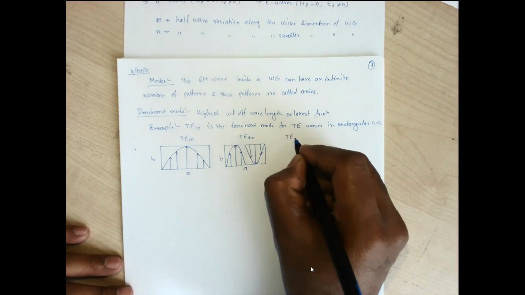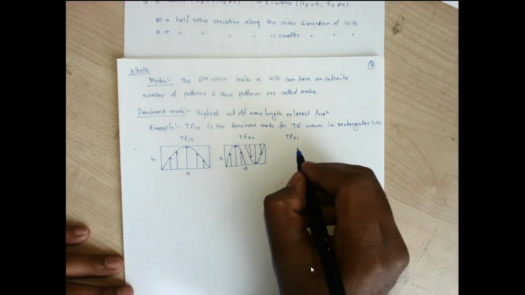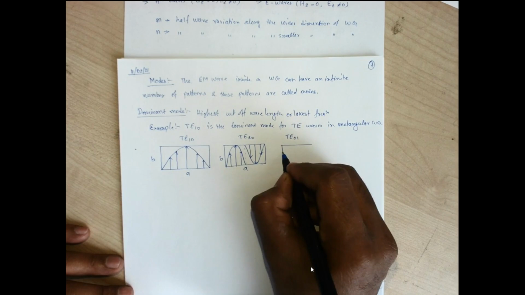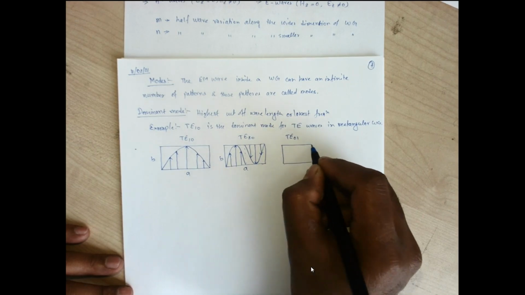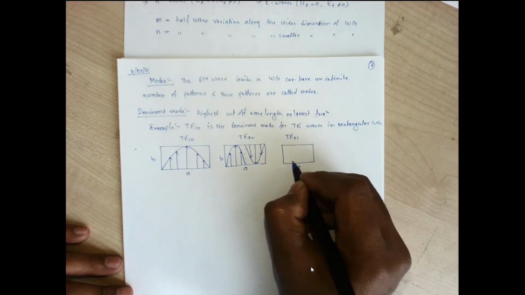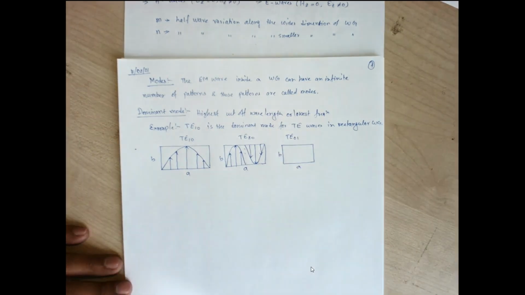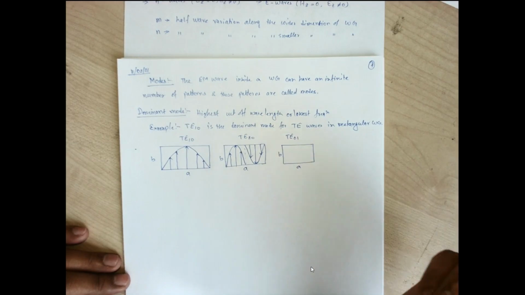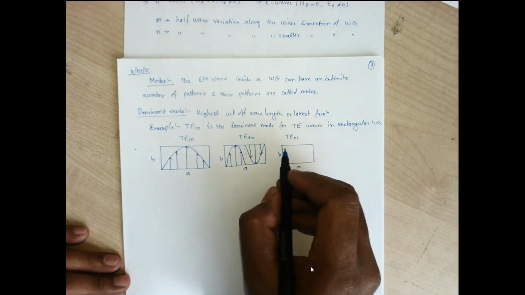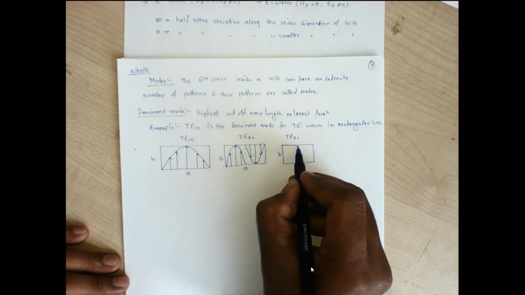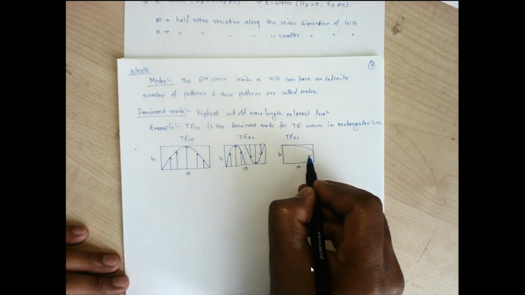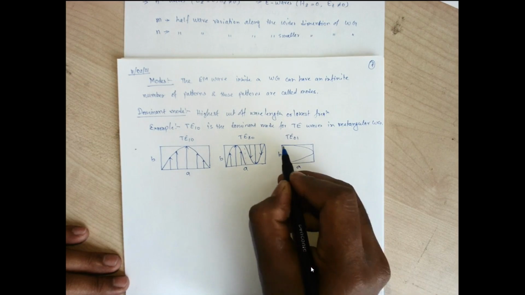Now if we go with TE01, let us consider, for some case if it exists, we have A cross B, then obviously it should have the half wave variation denoted by n. So n represents the smaller dimension of the waveguide. So we can have this kind of half wave along the smaller dimension like this.